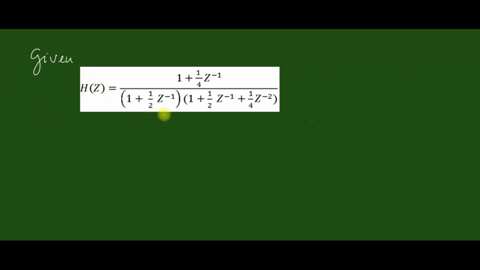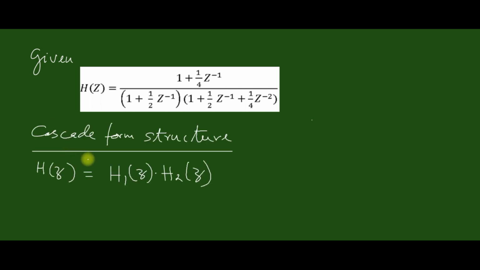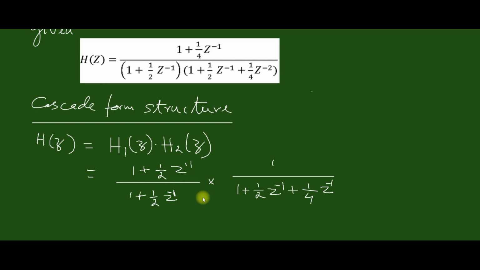So given H of z equal to the same expression, first we can do the cascade structure. For cascade form realization, first we have to put it in the product form, that is H1 of z into H2 of z. Here a further factorization is not possible, so we can take the second order equation as it is.